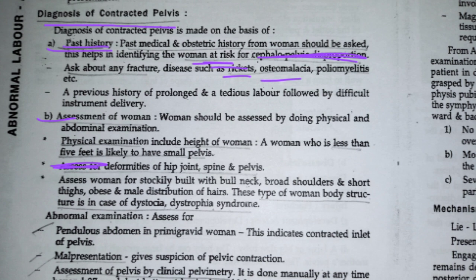Apart from this, we will see all the joints, mainly hip joints, whether they are in symmetric condition or not, whether the joints are okay or not, pelvis is okay or not. Everything, we will assess their body properly. Apart from this, we will see two conditions, dystocia and dystrophia. Dystocia is nothing but destructure. Our structure is not in the proper condition. Dystrophia means degenerating cells.